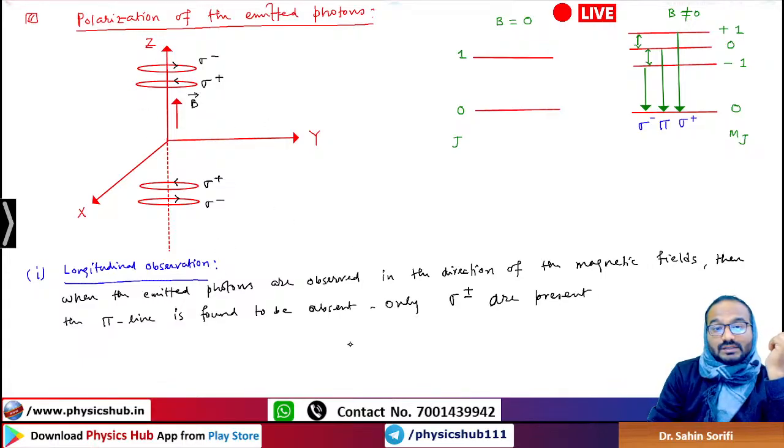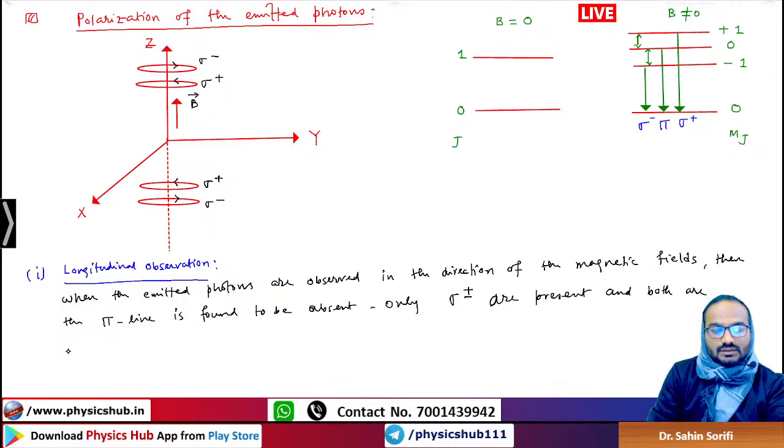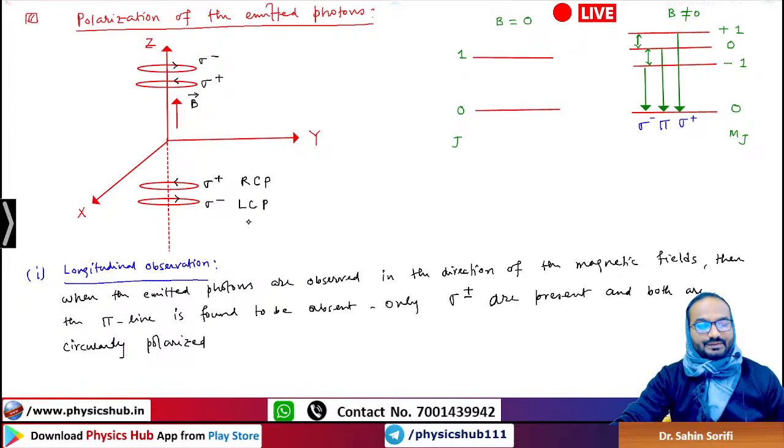They are in the circular polarization state. Sigma plus right hand circularly polarized, sigma minus left hand circularly polarized, and both are circularly polarized. Right circular polarized, left circular polarized.